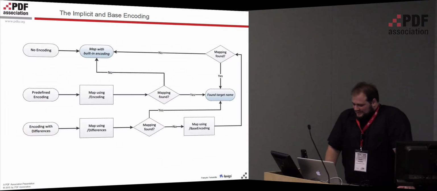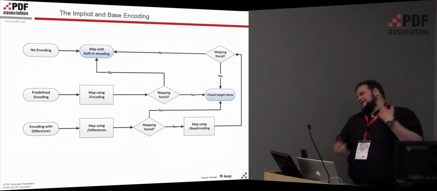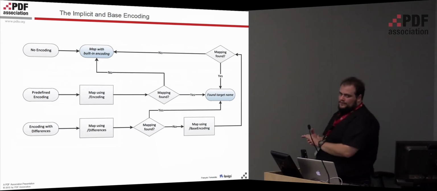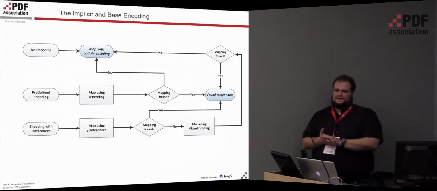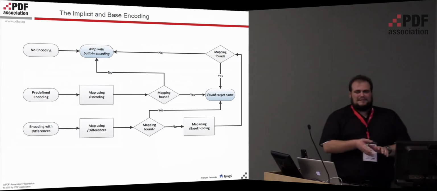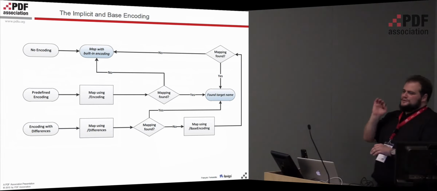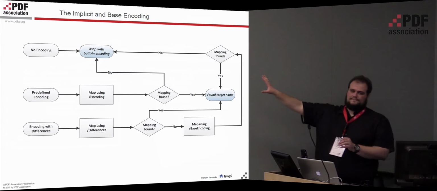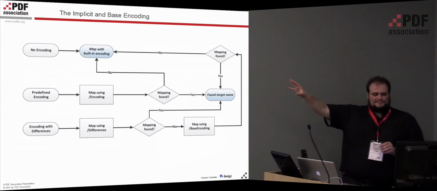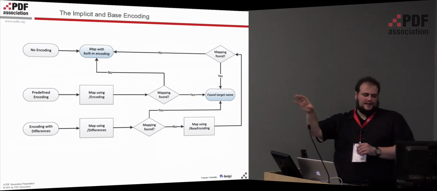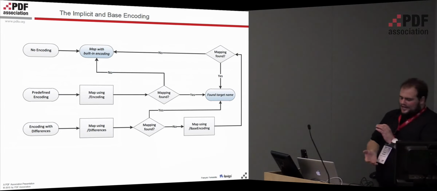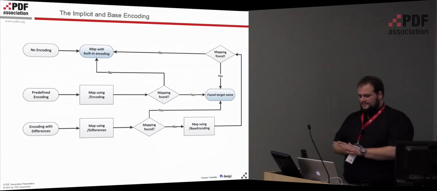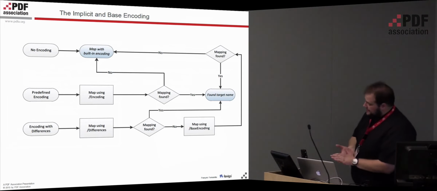Okay. So to get a little bit more into detail on how the encoding is actually specified, the PDF specification itself uses a lot of words to describe what's actually in this graph. It has been quite a challenge to distill it. So I'm not going to go through each and every line within this graph.